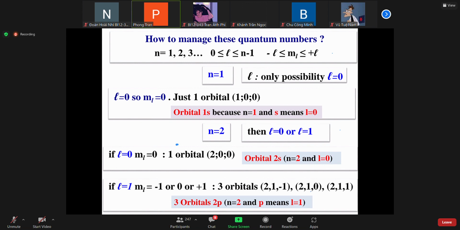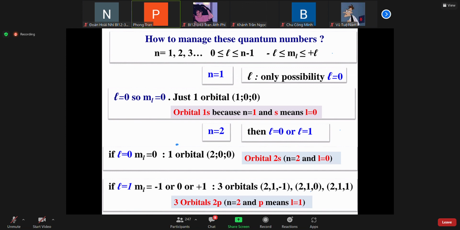And if L equals 0, ML equals 0, so you have just one orbital with the set of 3 quantum numbers 1, 0, 0. This is orbital 1s, because 1 comes from n equal to 1, and s because L equals 0.